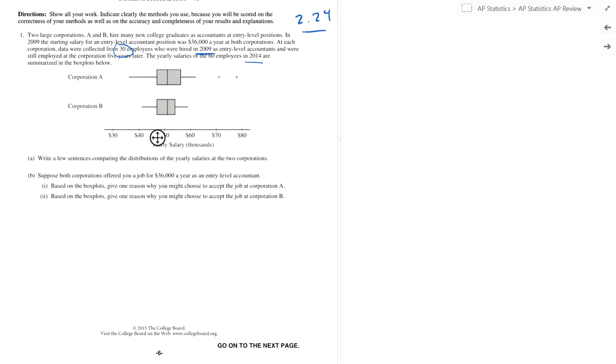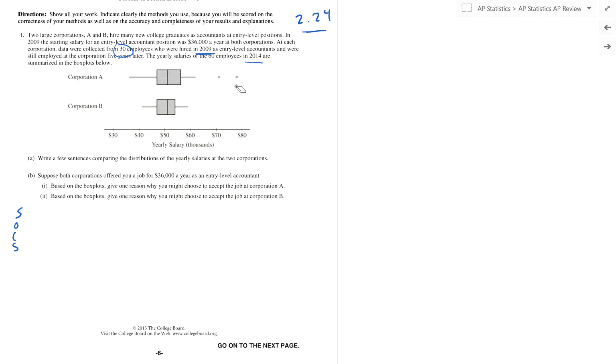So you're thinking in your mind, OCS, SOCS: shape, what can you say about the shape? And again, you want to write these in paragraphs. Comparing, corporation B looks roughly symmetric. A is roughly symmetric, although you've got these outliers up here.